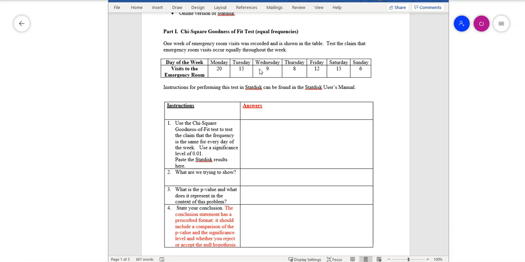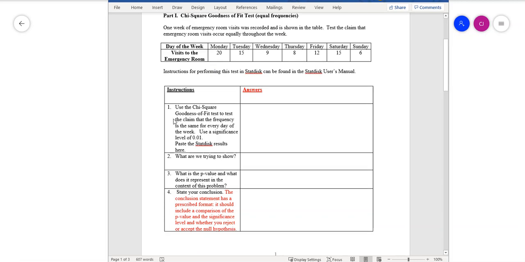Theoretically, we're testing are they exactly the same within reason, and if we fall too far away from those numbers being basically the same, then we have some probabilities that we use to build confidence and state that they don't. So our hypothesis test here is that the visits occur equally throughout the week. Again, equal frequencies. And we're going to use the chi-square goodness of fit test.